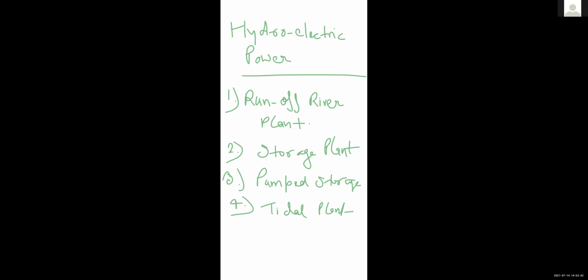Run-off river plants are those which utilize the minimum flow in a river having no appreciable pondage on its upstream side, and a weir or a barrage is sometimes constructed across a river simply to raise and maintain the water level at a predetermined level within narrow limits of fluctuation, either solely for the power plant or for some other purposes also.